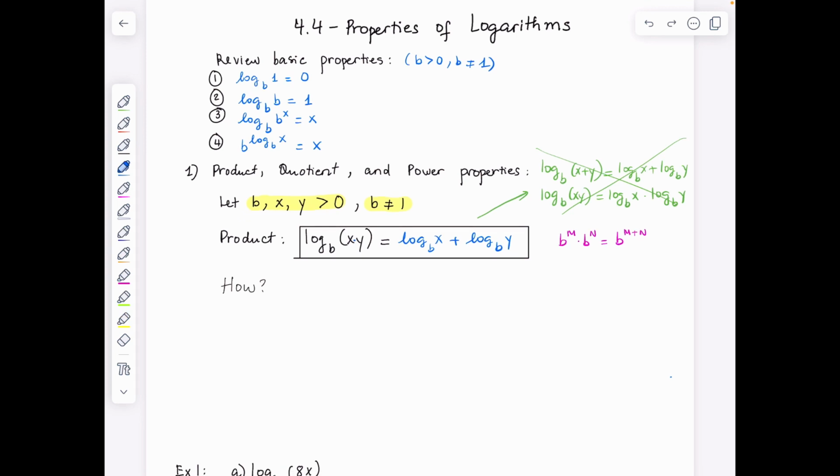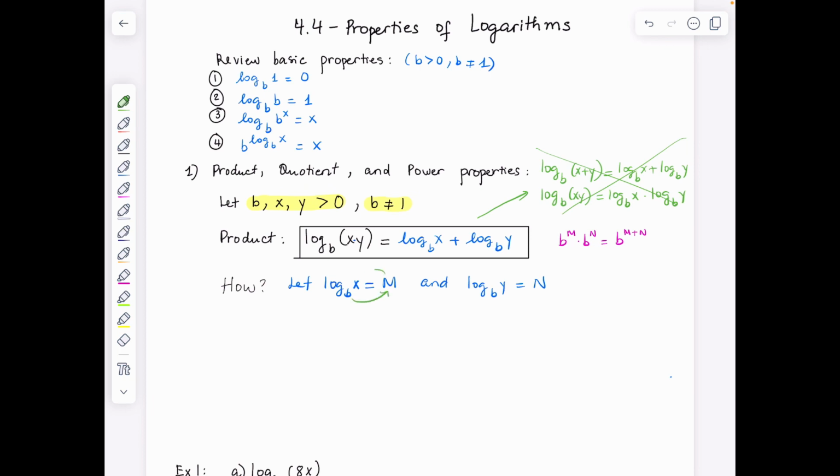So how does it happen? We're going to prove this formula. So let log base b of x is equal to a value, say m, and log base b of y is equal to a value n. Using the definition of log, we're going to convert this to an exponential expression.